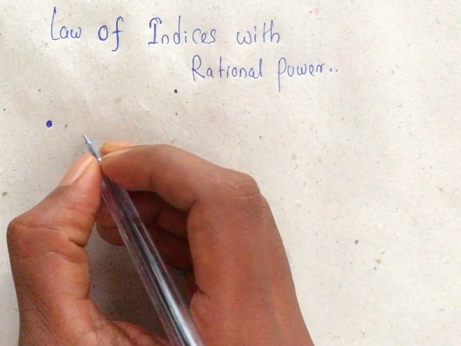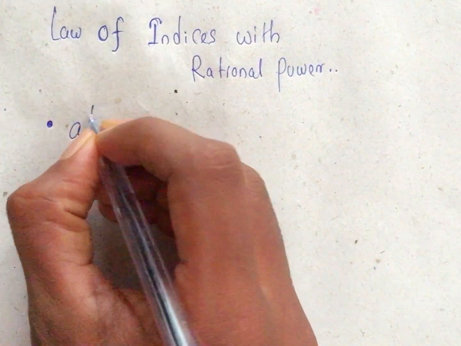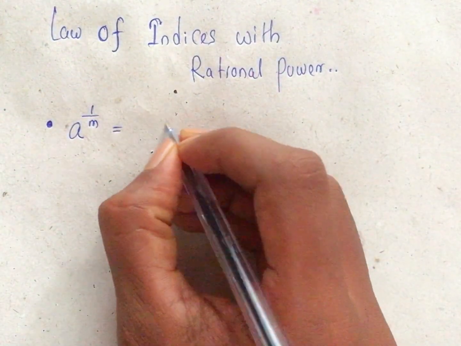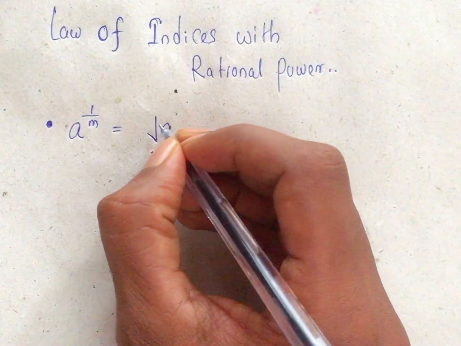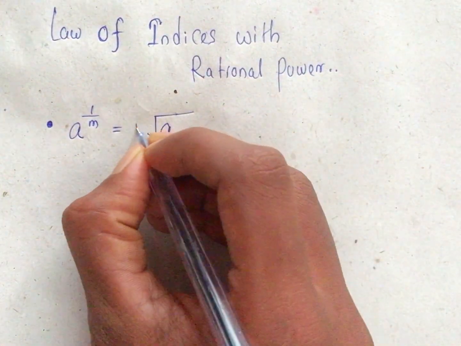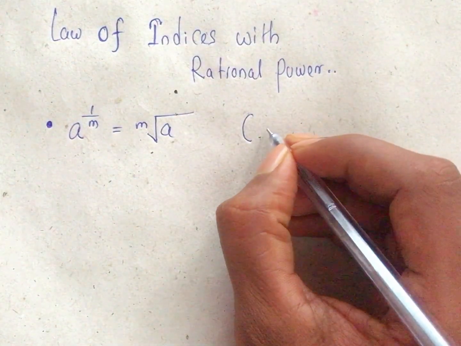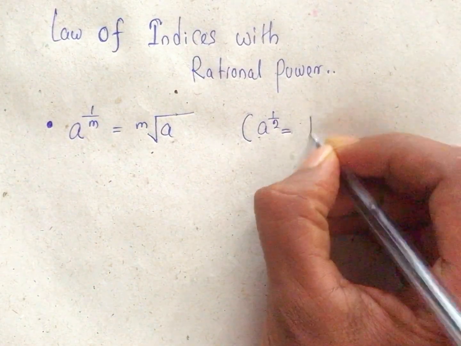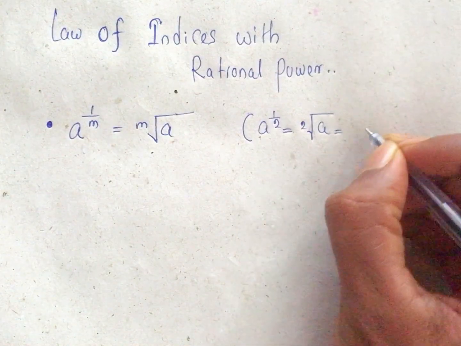Then let's check some very important points for indices with rational powers. First point is a to the power 1 over m. We can write it as the m-th root of a. As an example, a to the power 1 over 2, we can write it as the square root of a, where the degree is 2.